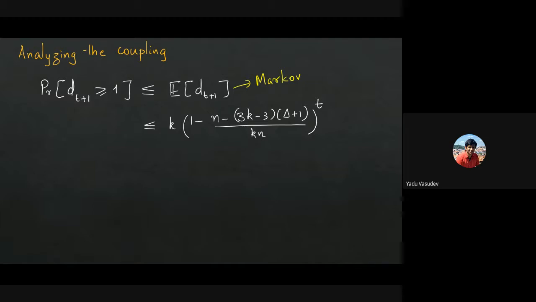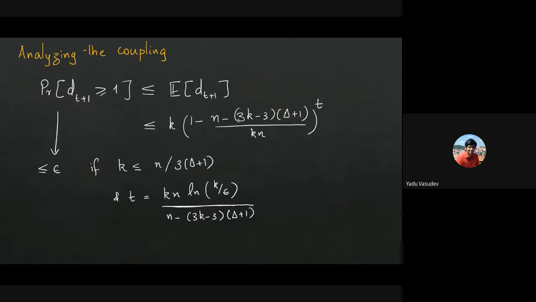If you substitute these values, you know that k is n over 3 delta plus 1, and you substitute t to be this value.